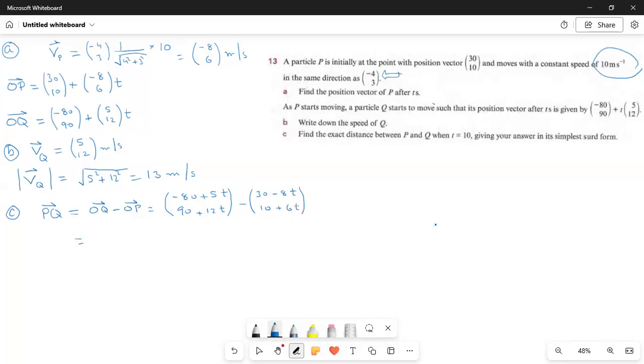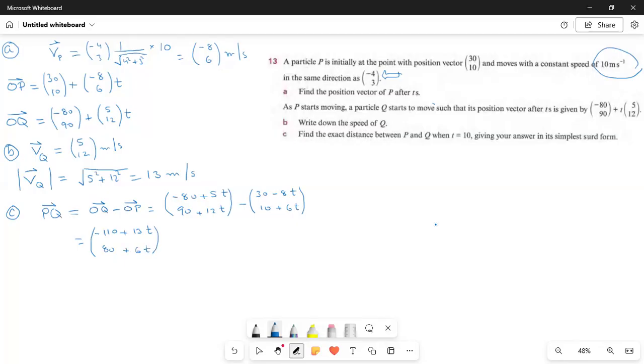And this can be simplified as: -80 minus 30 is -110, and 5 plus 8 is 13. Similarly, 90 minus 10 is 80, and 12 minus 6 is 6. Okay, this is the PQ vector.